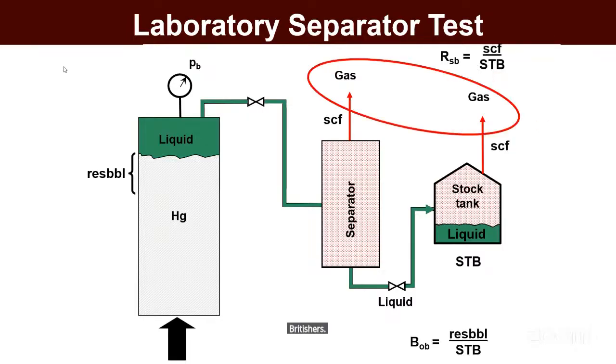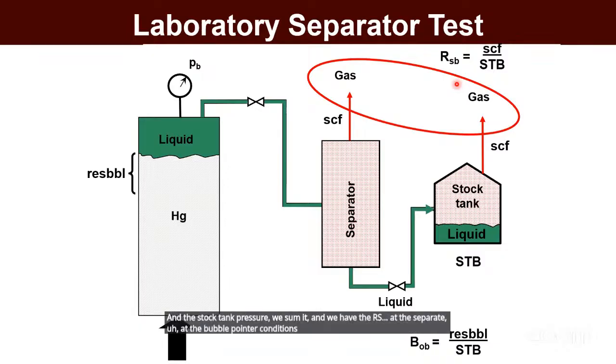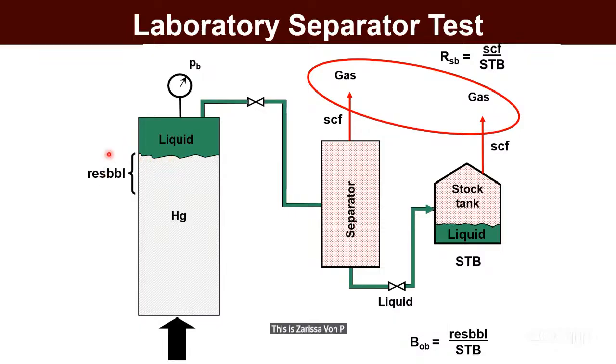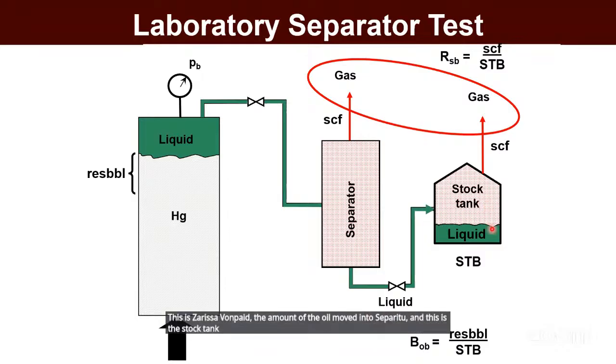And then we have the total amount of gas released at the separator pressure and the stock tank pressure. We sum it and we have the Rs at the bubble point conditions. Also, we have the Bo, which is the reservoir barrel per stock tank barrel. This is the reservoir barrel, the amount of oil moved into the separator, and this is the stock tank after releasing the gas.